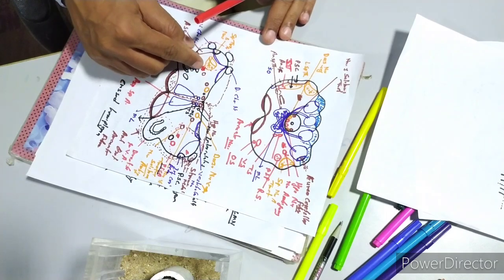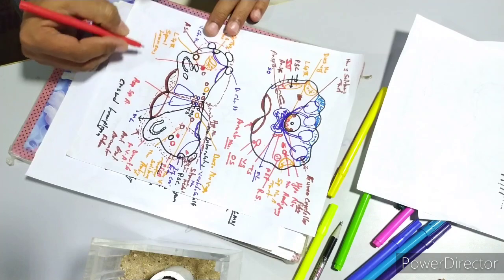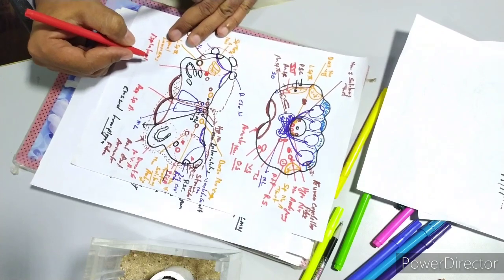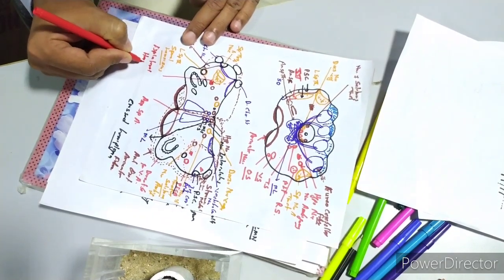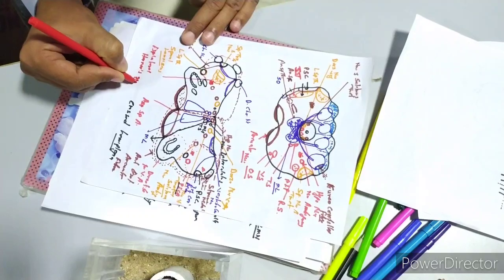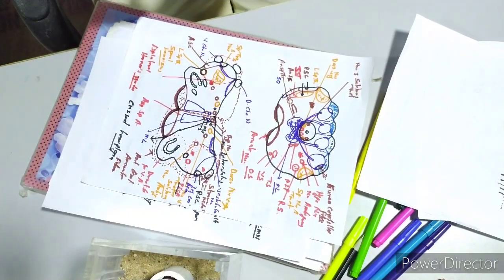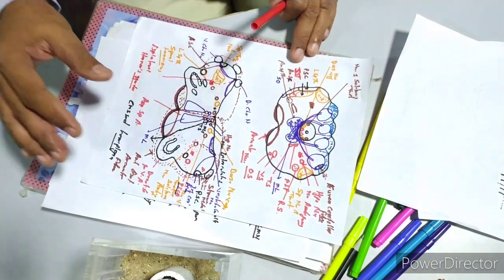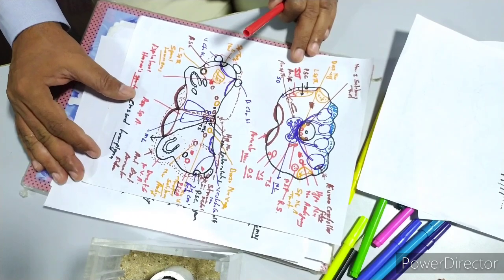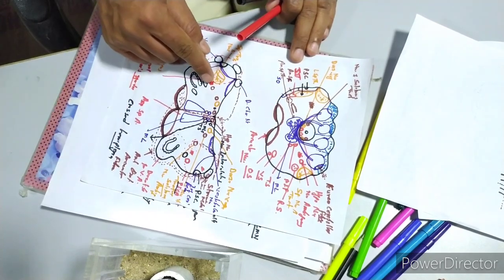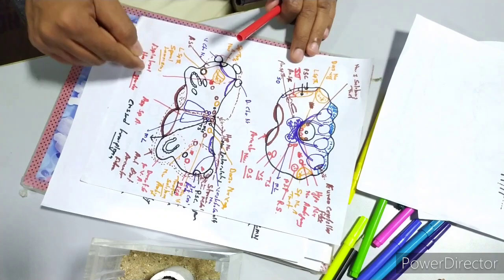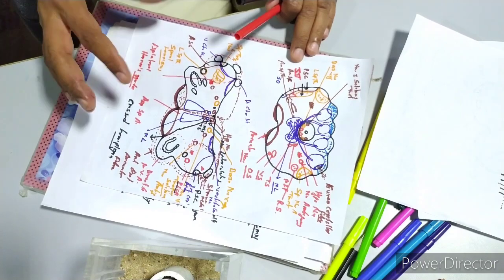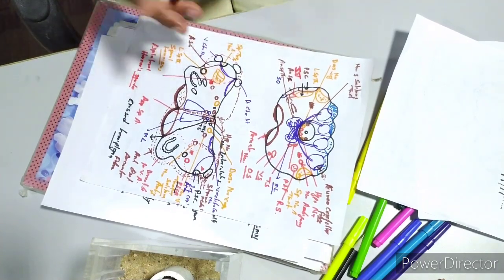Ipsilateral Horner syndrome occurs, where there is ptosis, miosis, enophthalmos, anhidrosis, and loss of the ciliospinal reflex, because the descending autonomic fibers which supply the thoracic autonomic lateral column are damaged. So ipsilateral Horner syndrome. These are the manifestations.